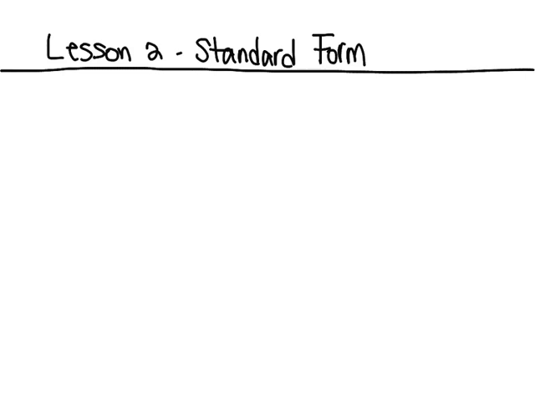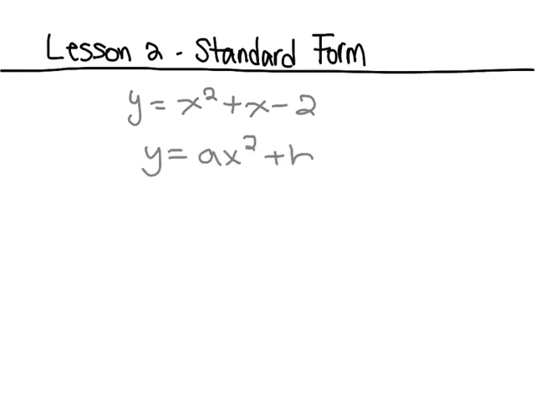For example 3, for the same function, so y equals x squared plus x minus 2, we want to find the direction that it opens, the minimum or maximum, and the domain and range. So, if we look at the function y equals ax squared plus bx plus c, our a is always beside our x squared.